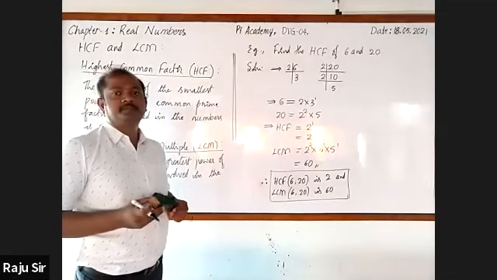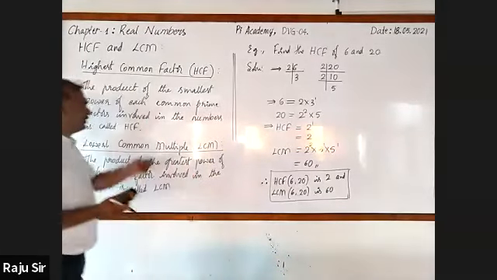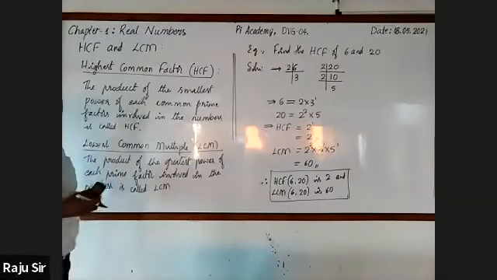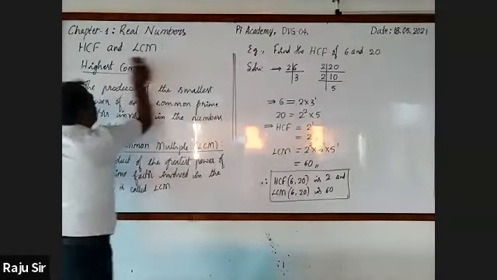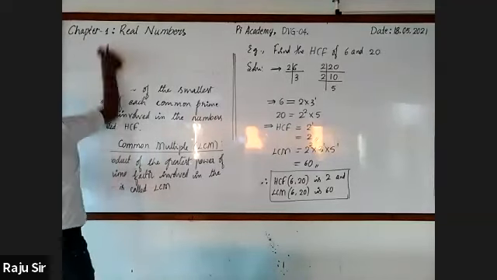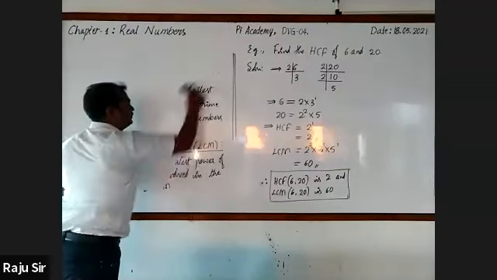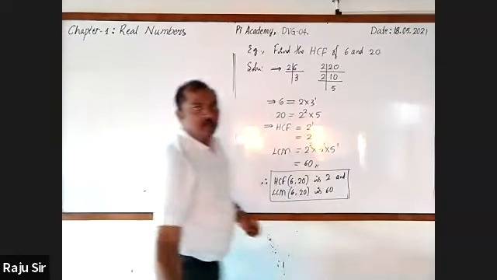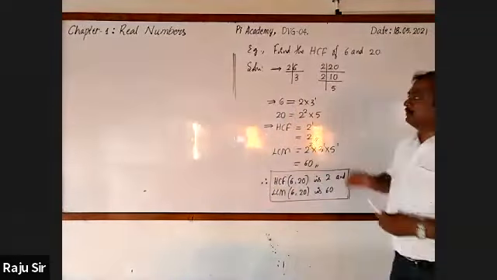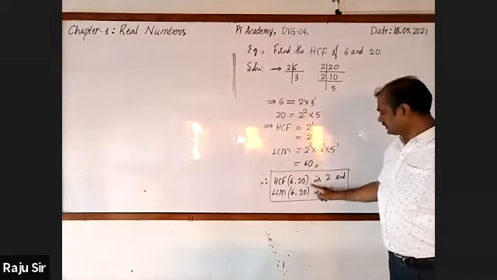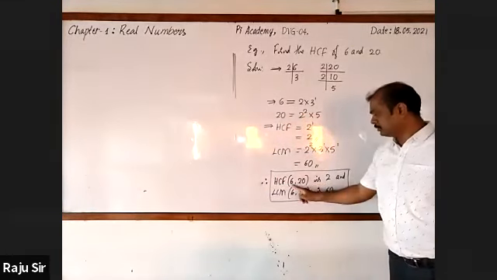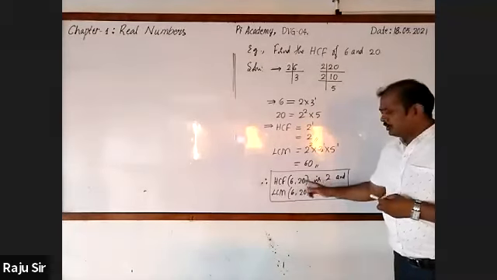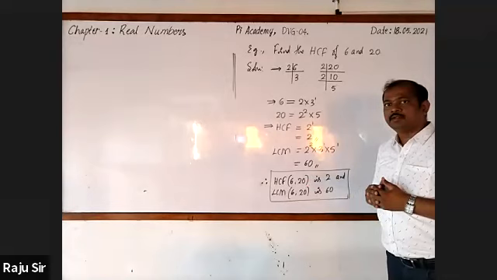Hope that you have finished. Now observe. Let's go for getting some more information regarding HCF and LCM. Let's take the same example. We have found out HCF and LCM of both 6 and 20. What are the given numbers?